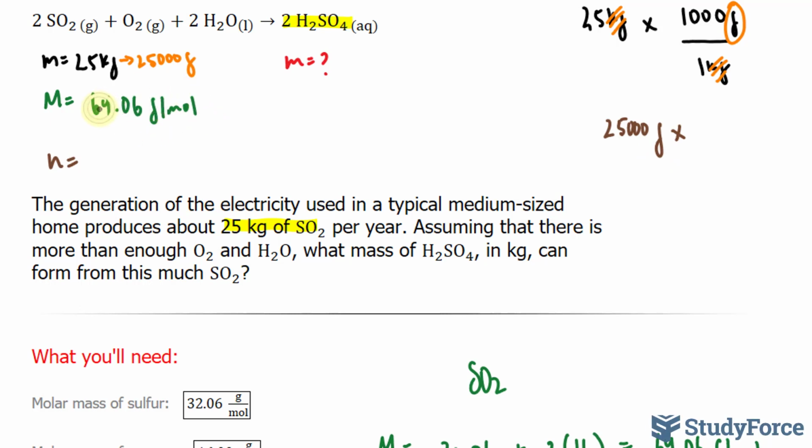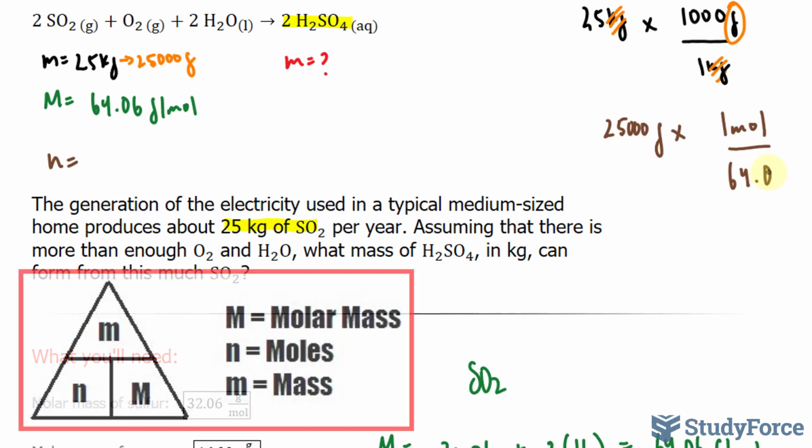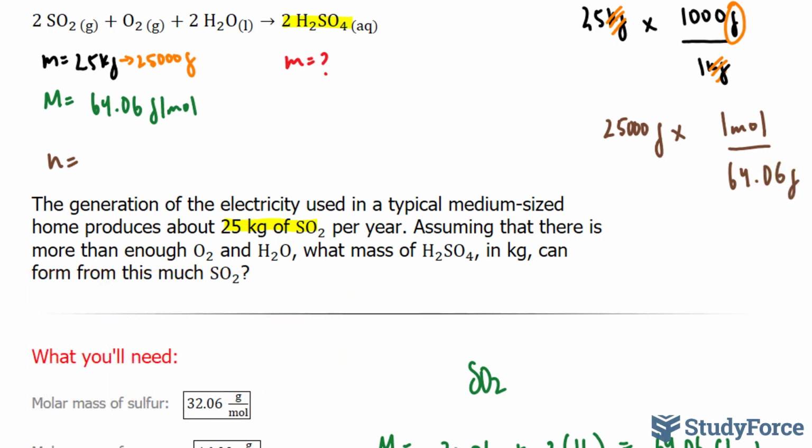Notice that this number has the grams at the top and moles at the bottom, although I'll put the moles at the top and the grams at the bottom. A lot of you, if you're learning this for the first time, might be using a triangle. And by all means, if you want to use a triangle, you can do that. Now, if we multiply these numbers, the grams units cancel out.